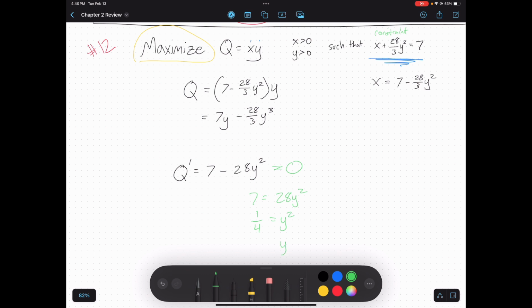Take the square root, and I get y is equal to positive or negative 1/2. Square root of 1/4 is 1/2. Now notice I said positive or negative, but based on our assumptions, what has to be true about y? It has to be positive. So I can get rid of the negative option. So y is equal to positive 1/2.